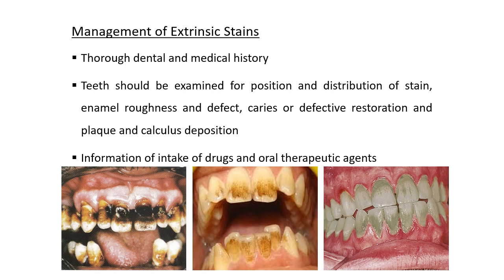In case of management of extrinsic stain, you need a thorough dental and medical history. The teeth should be examined for position and distribution of stain, enamel roughness and defects, caries or defective restoration, and plaque and calculus deposition. Information on intake of drugs and oral therapeutic agents is needed.